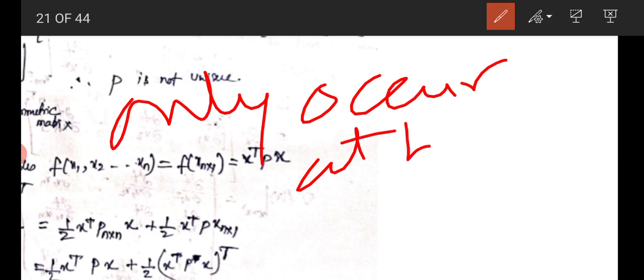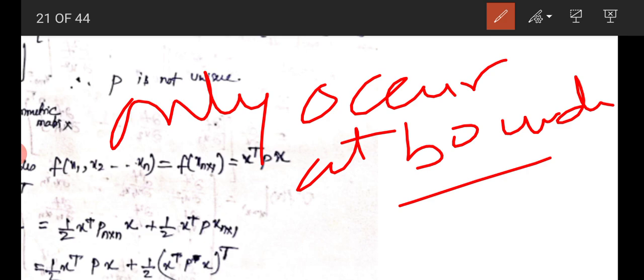Correct? You can see from the previous figure that I have drawn.